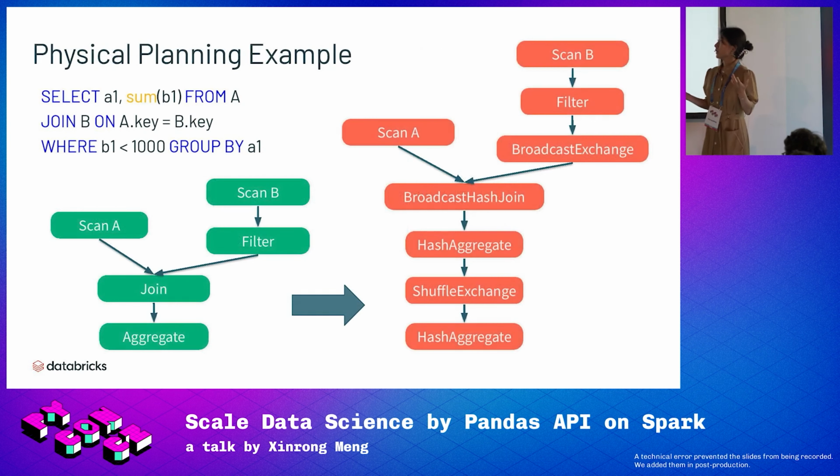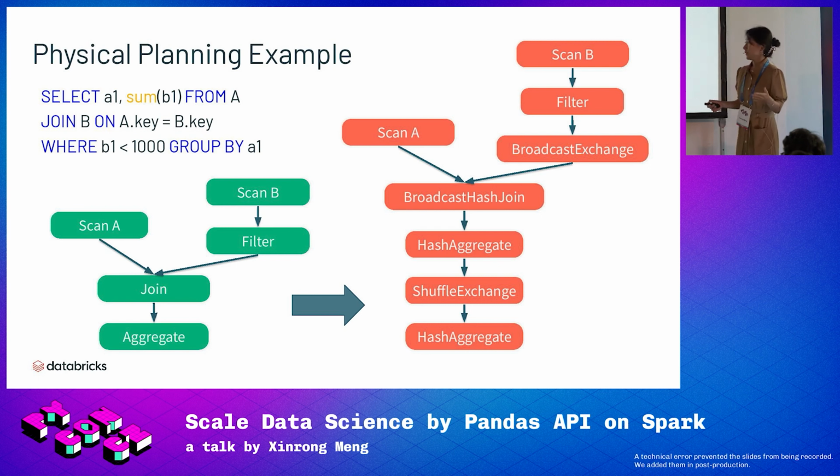Here we have a query. We have 2 tables, A and B. We do the join, and then apply filtering. Finally, we group by the A1 column. The output showcases the column A1, the unique A1 values, and the corresponding sum of B1 values.